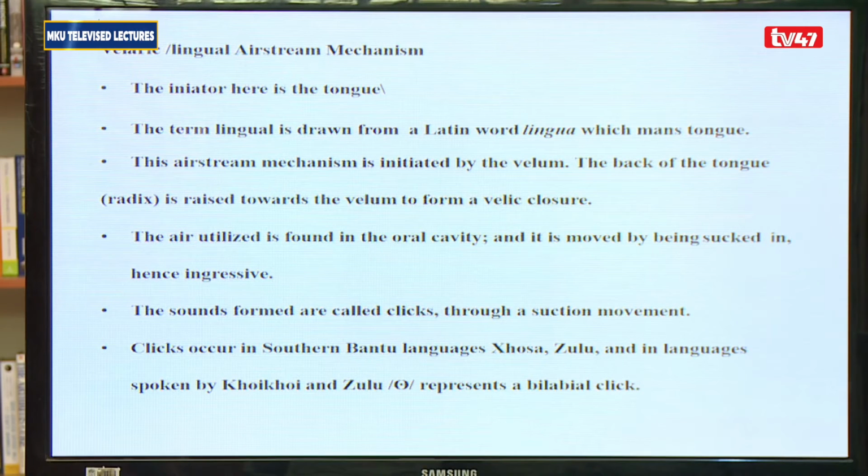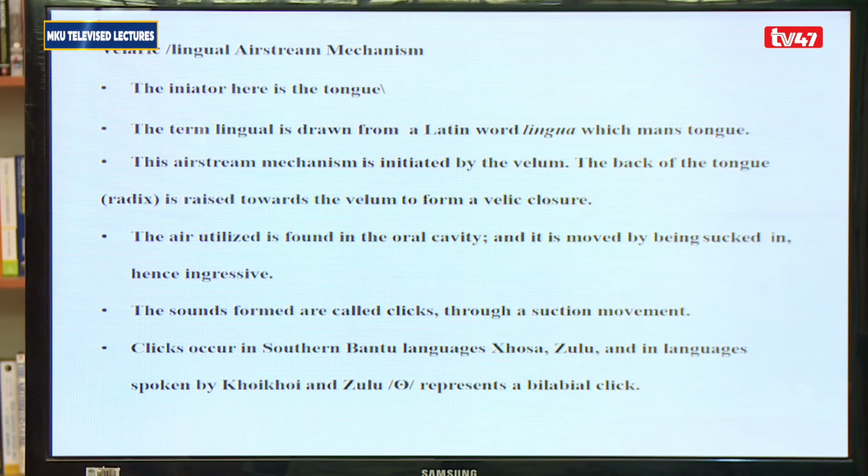Now, we look at the third one, that is the velaric, or also called the lingual airstream. The term lingual is drawn from the word lingua, which is a Latin word, and it simply means the tongue.